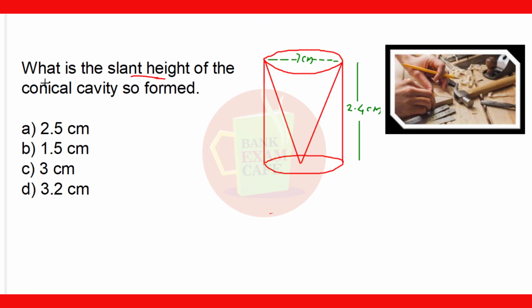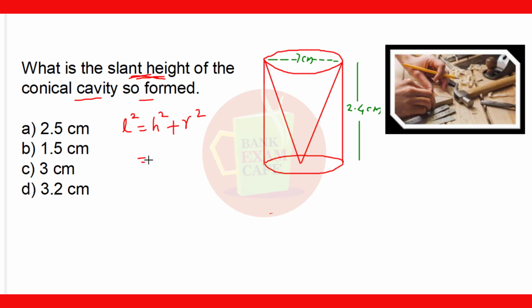Next question is on the screen. What is the slant height of the conical cavity so formed? We find the slant height by the formula L square is equal to H square plus R square.